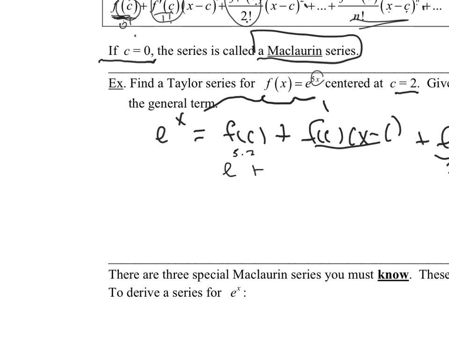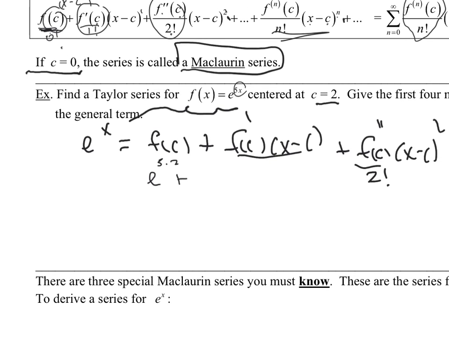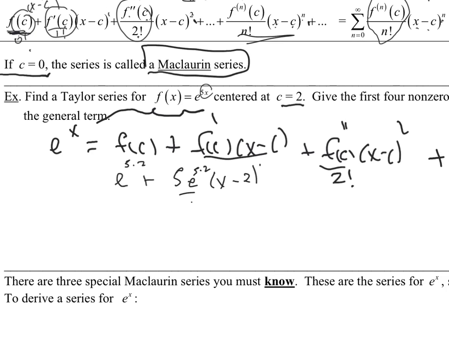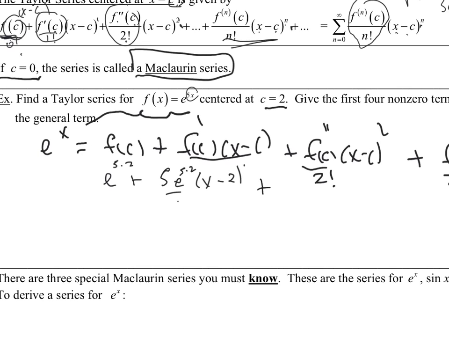Plus the first derivative of e to the 5x, which is 5e to the 5x, so 5 e to the 5 times 2, times x minus 2. Of course, there's a 1 factorial on the bottom and a 1 power here, but why bother? Plus the second derivative.